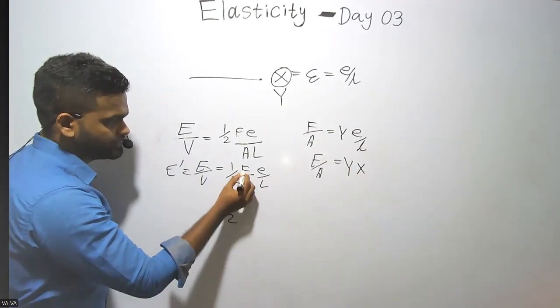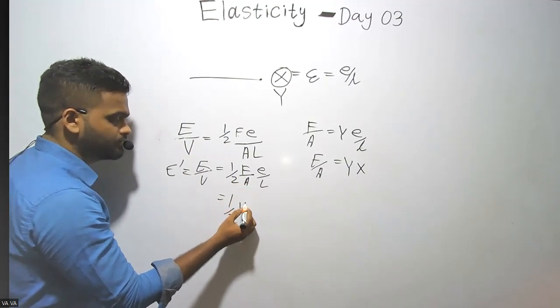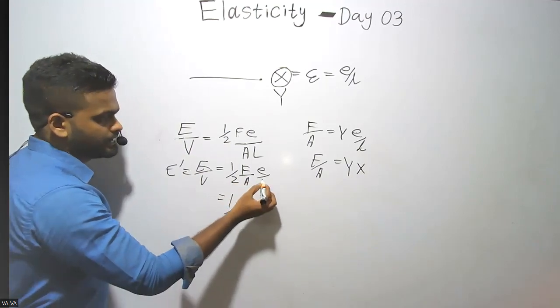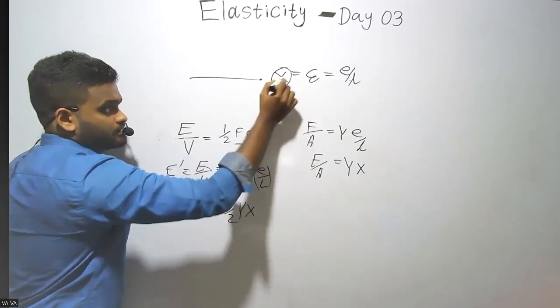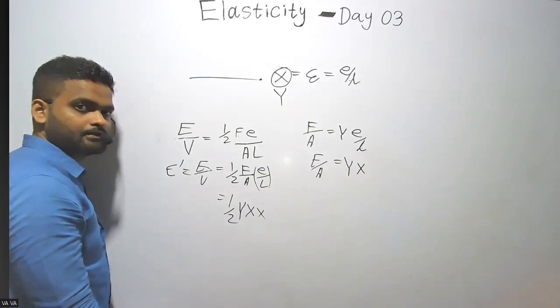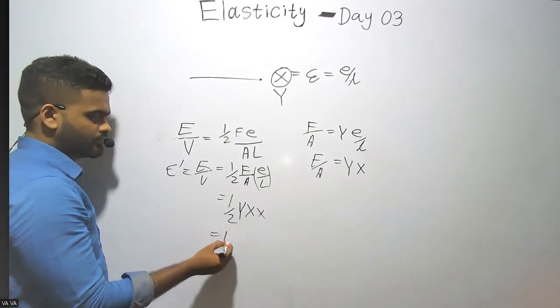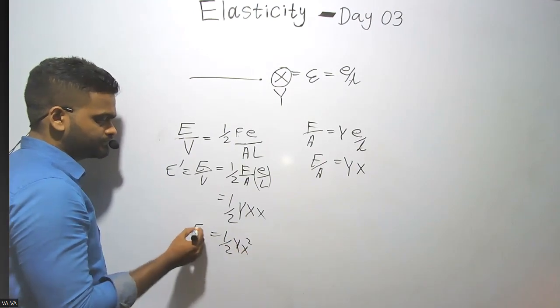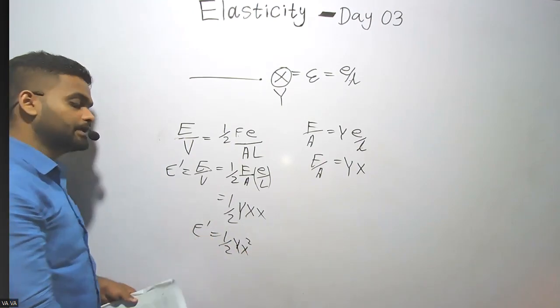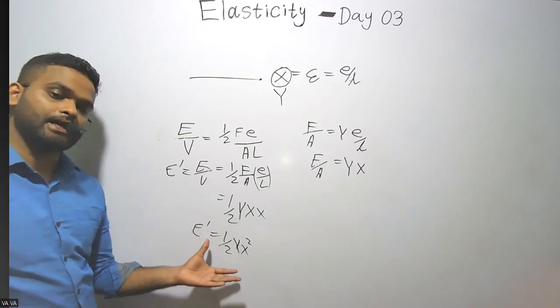So half, instead of F over A, I can use YX. Then instead of e over L, what can we use? Again, X. So half Y X squared. So that is E dash. Half Y X squared is E dash.